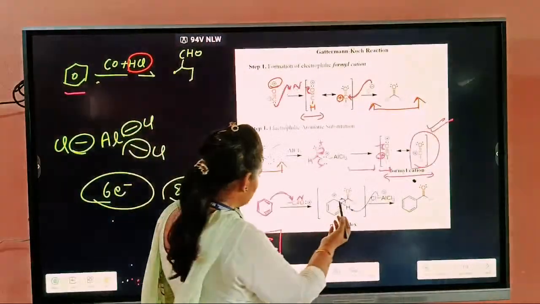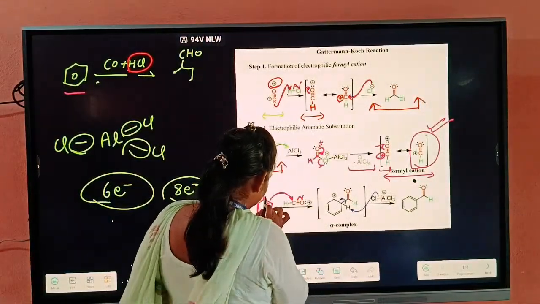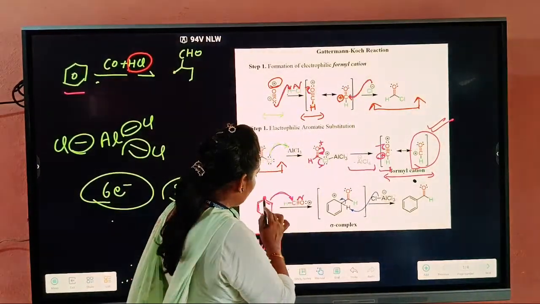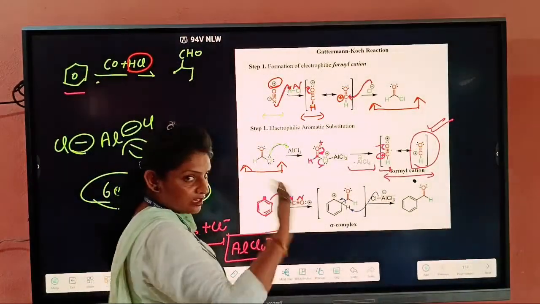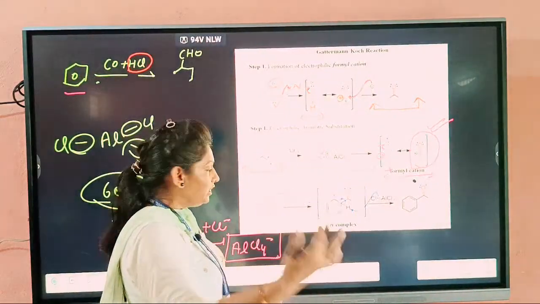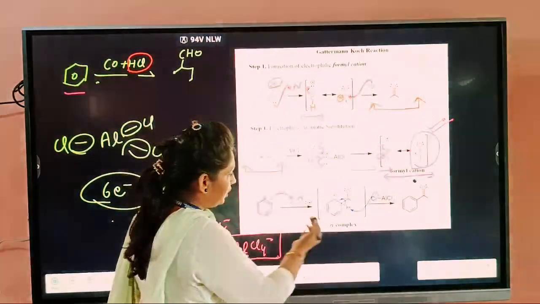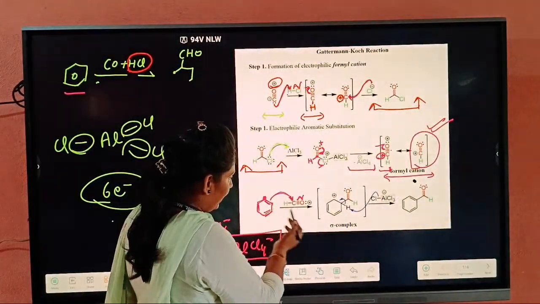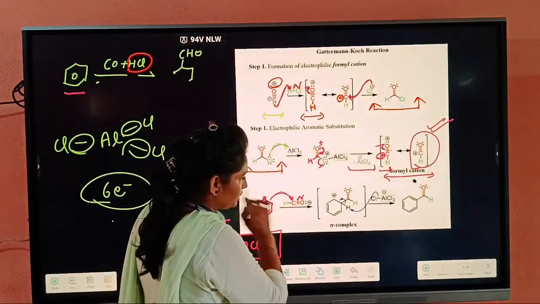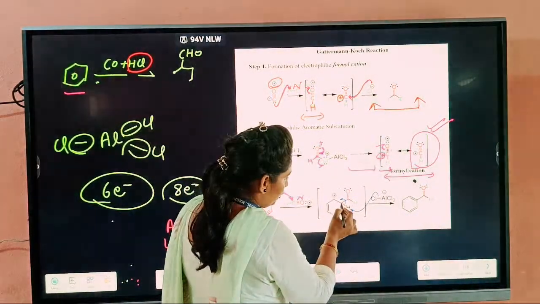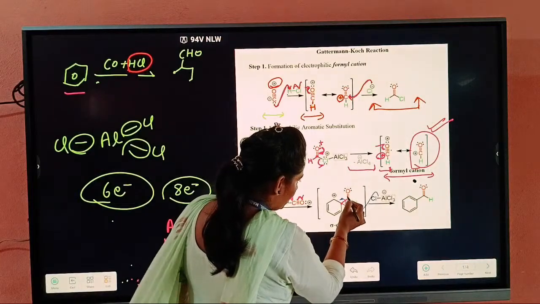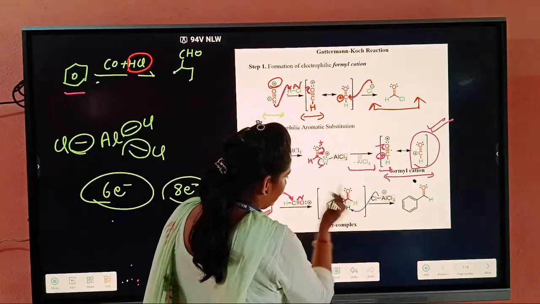Okay, now students, because this carbon is supporting this one, it is losing the electron. Now positive charge, because it is releasing the electron, will go on this carbon. Okay, now this bond is breaking, and it is forming a bond with this carbon. So it is forming a bond, and this carbon is forming a bond with the oxygen and one hydrogen.